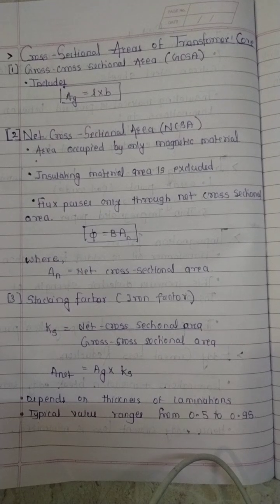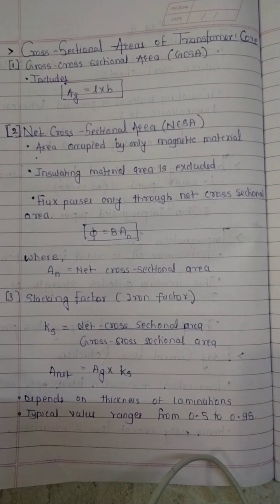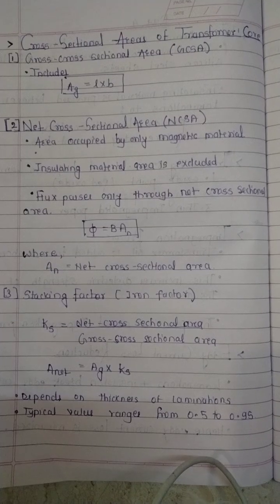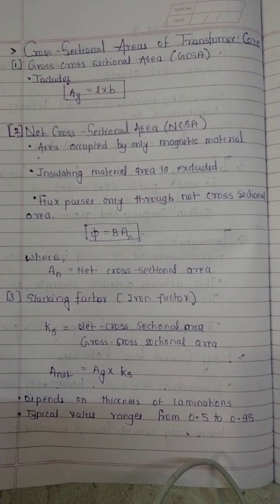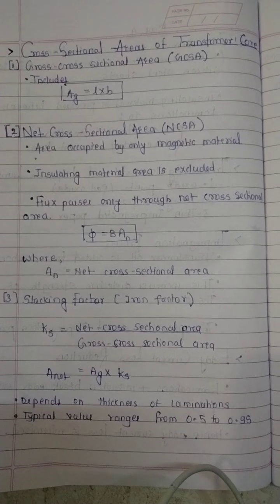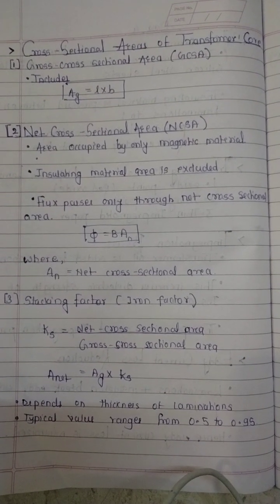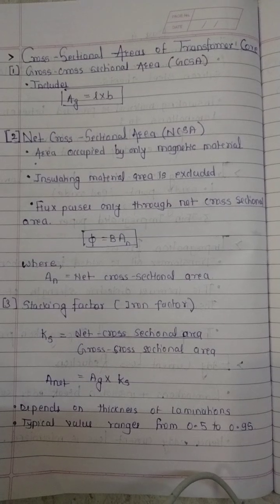The typical value ranges from 0.5 to 0.95. The range of the stacking factor is 0.5 to 0.95.